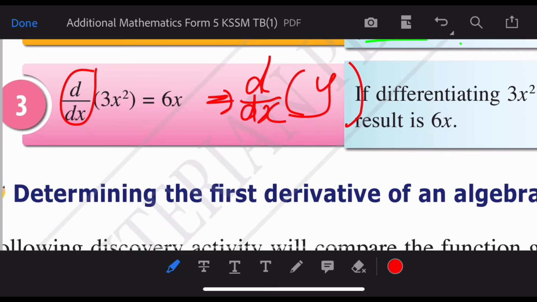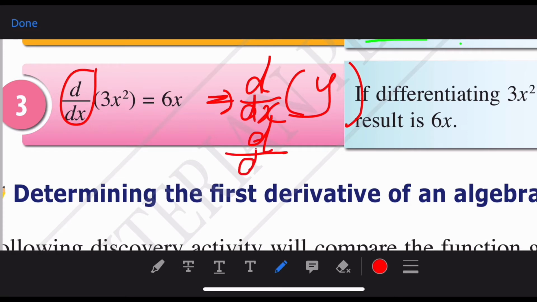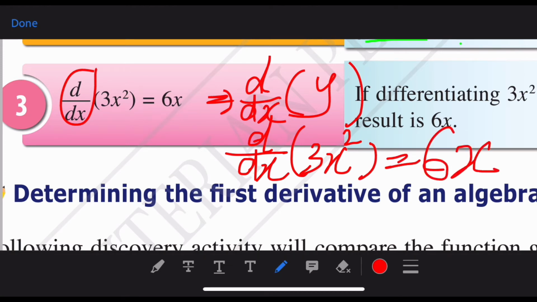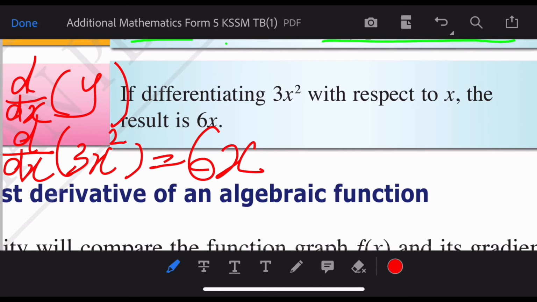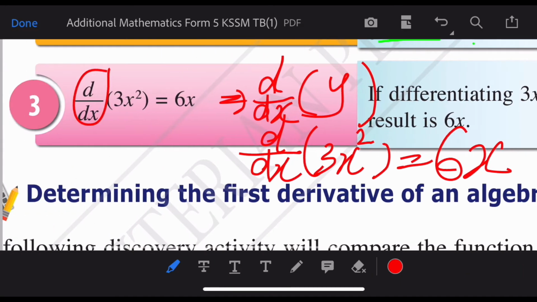That is how we write it, and the result is 6x. So differentiating 3x squared with respect to x, the result is 6x.